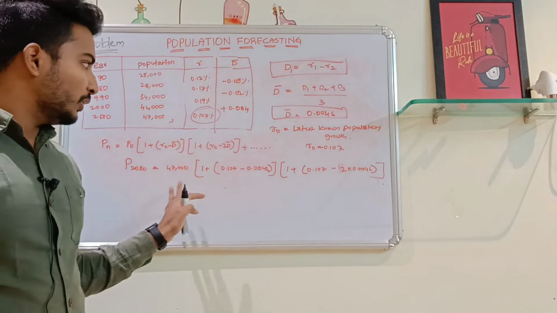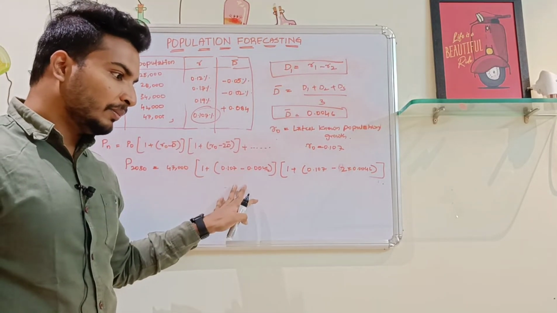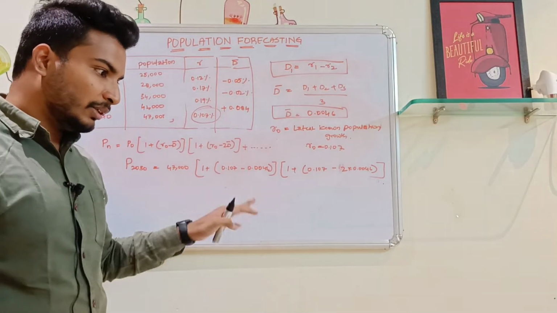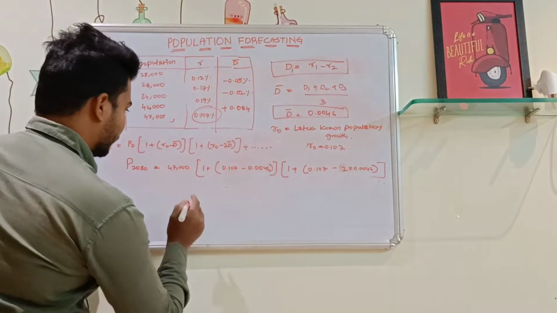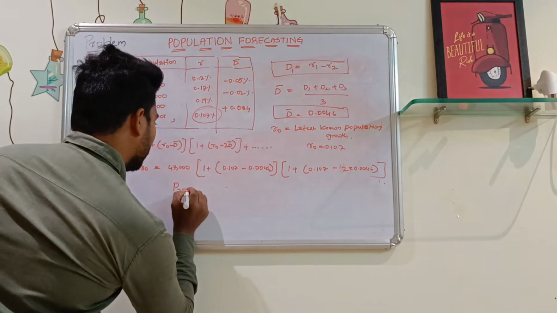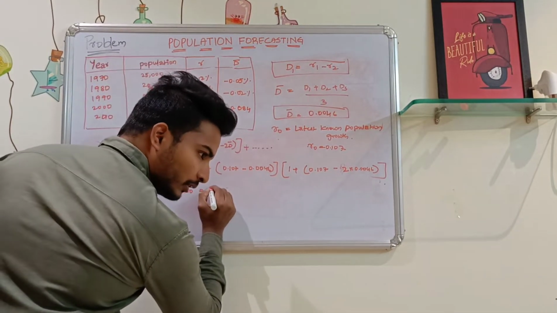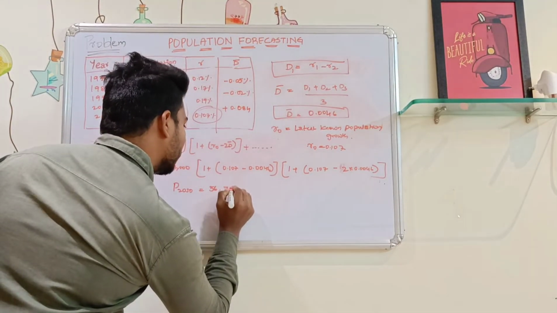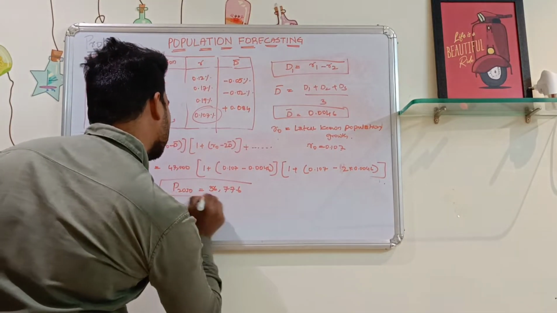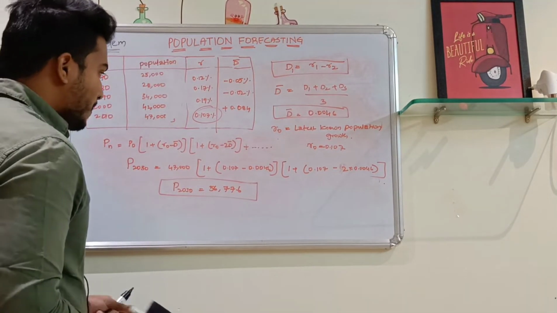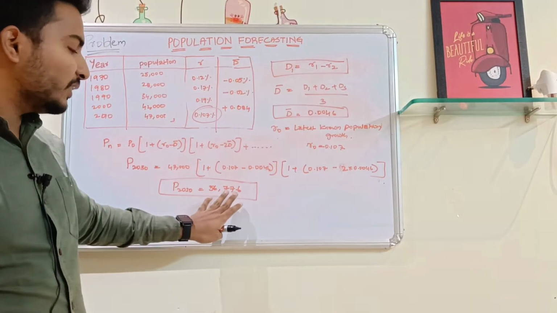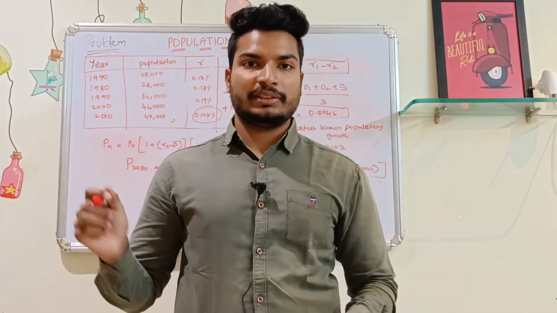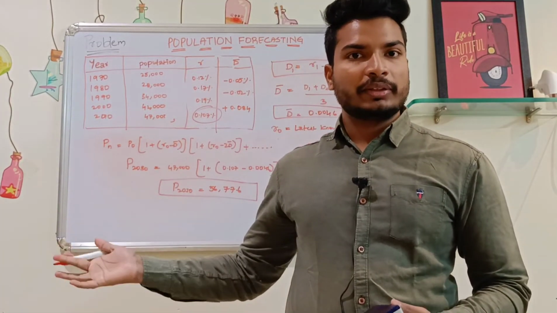So you can just calculate this formula. By the decreasing growth rate formula, the population in 2030 is 56,776.